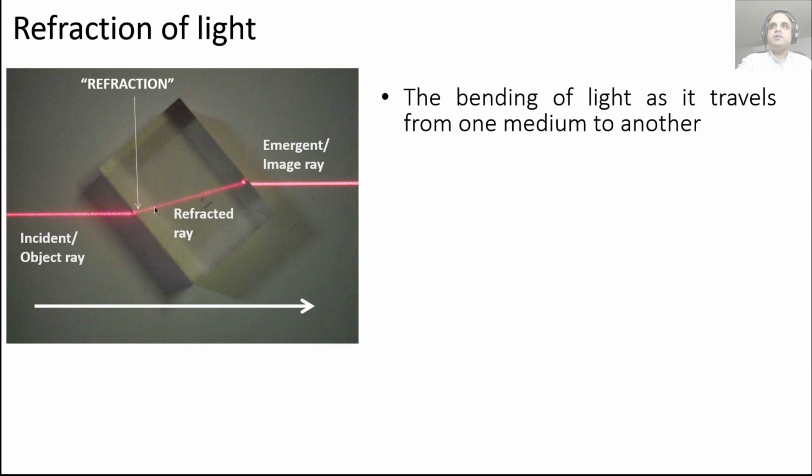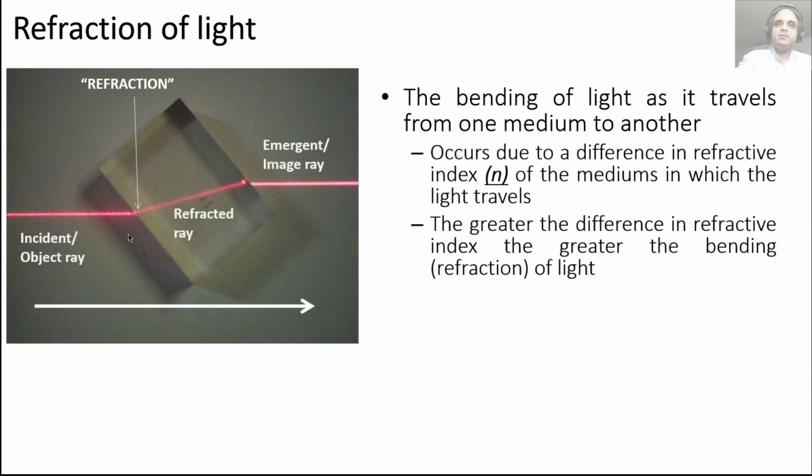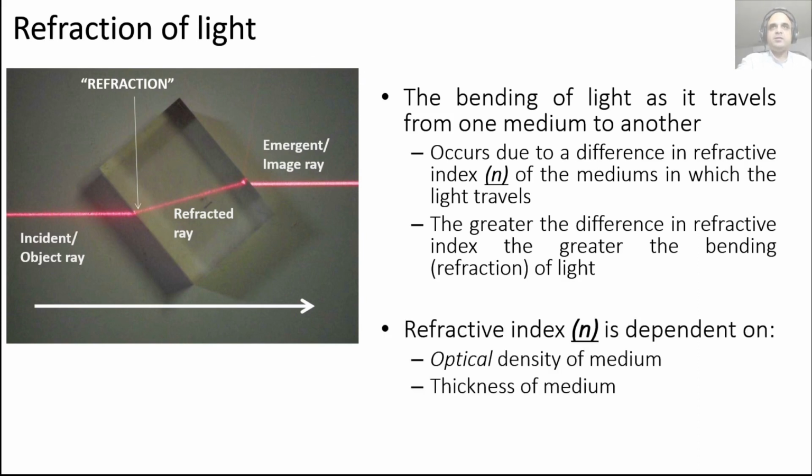And this process right here at the change of the medium is called refraction, and refraction occurs because of a difference in refractive index of the medium. Refractive index is denoted by n, and the greater the difference between the refractive index of the medium, the greater the bending or refraction of light. Now, the refractive index depends upon a lot of things, and the two things that are really important to us are the optical density of the medium and the thickness of the medium.